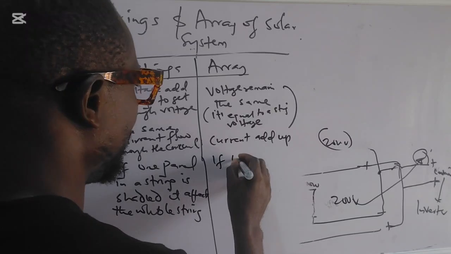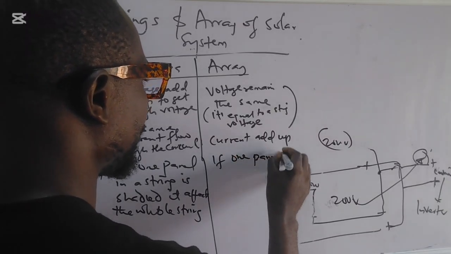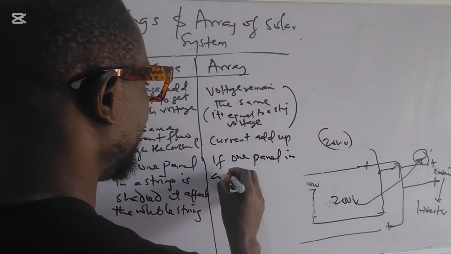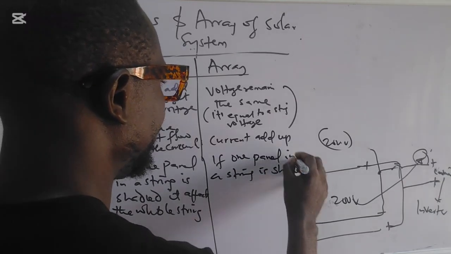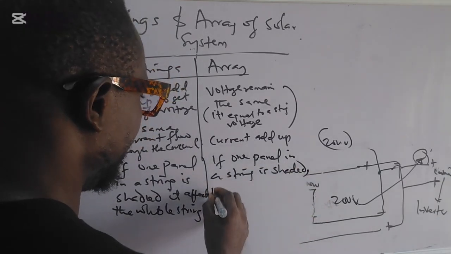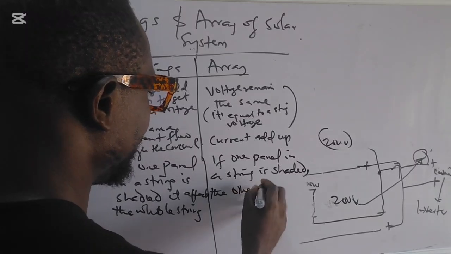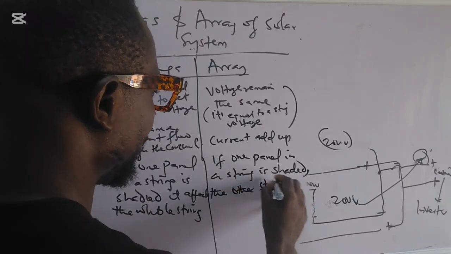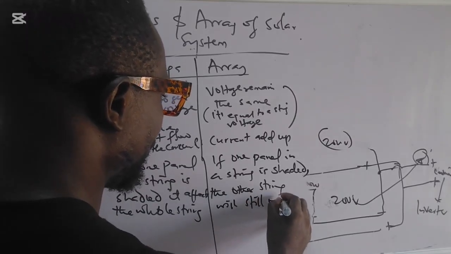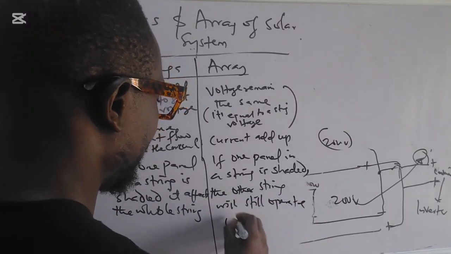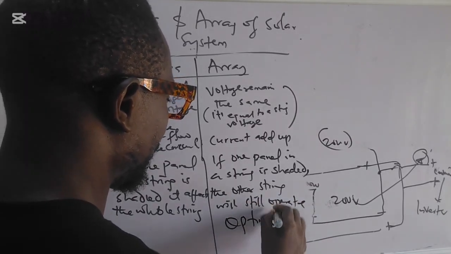If one panel in a string is shaded, the other string will still operate optimally.